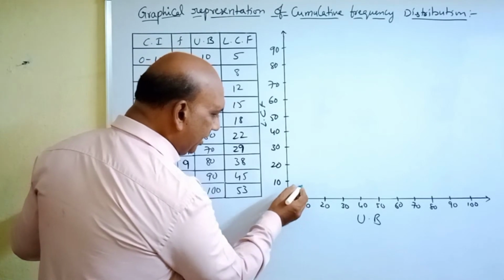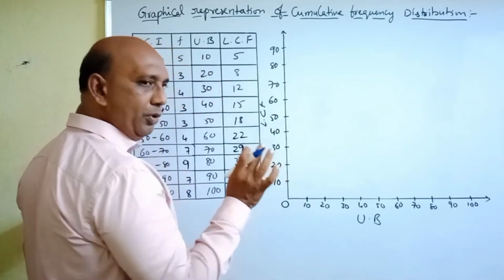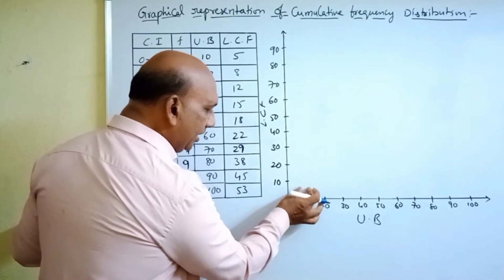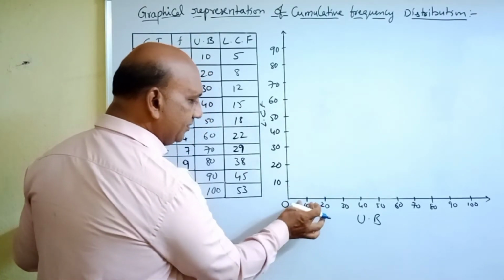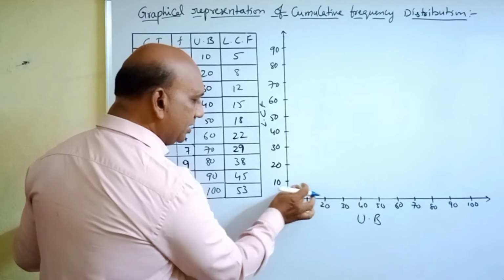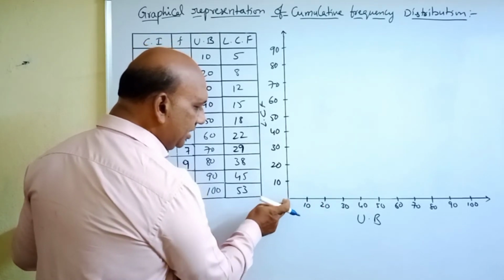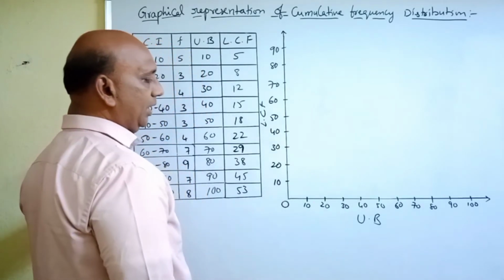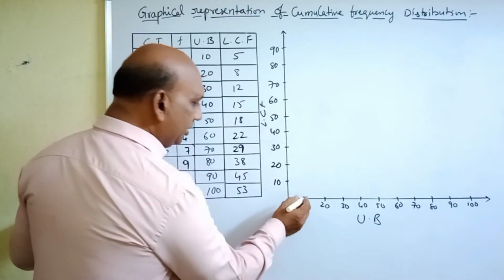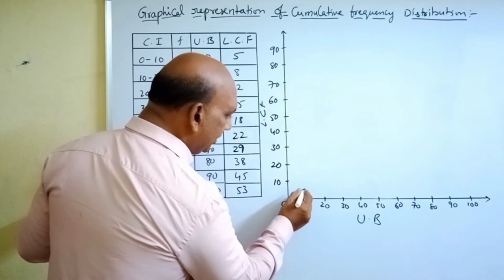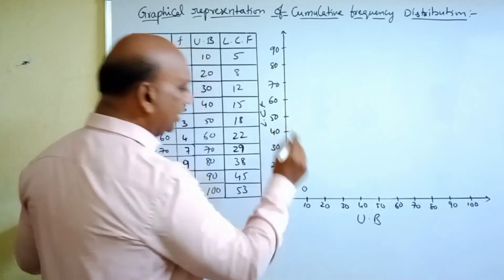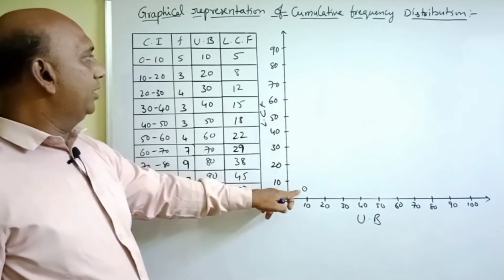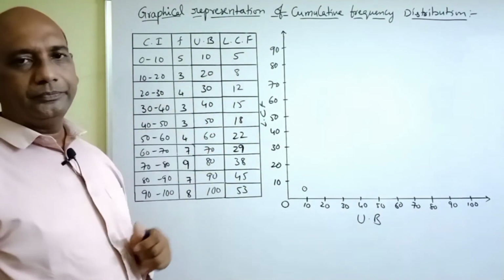From 10, draw the perpendicular, and from 5, the 5 is between 0 and 10, draw the perpendicular. So these two will meet at this point. This is the point of 10, 5.